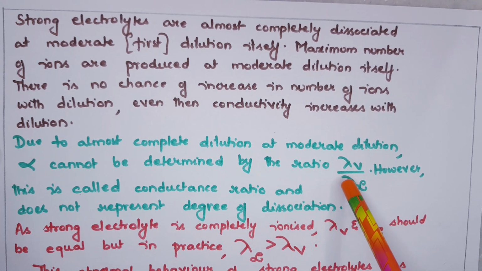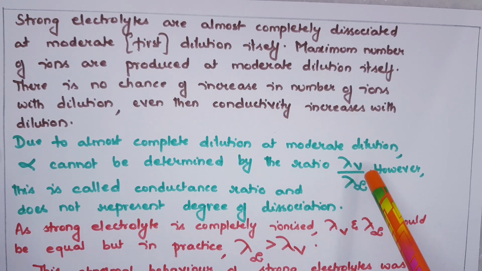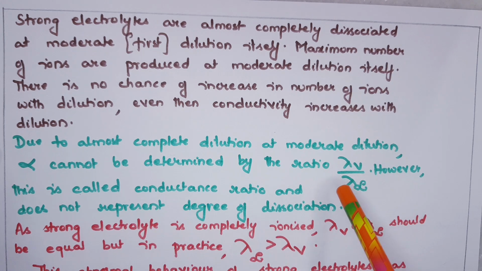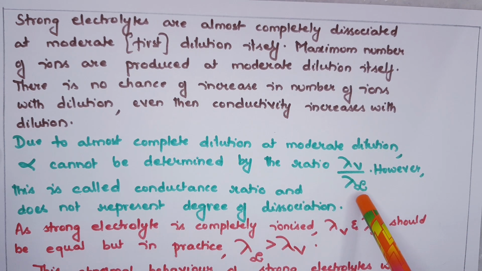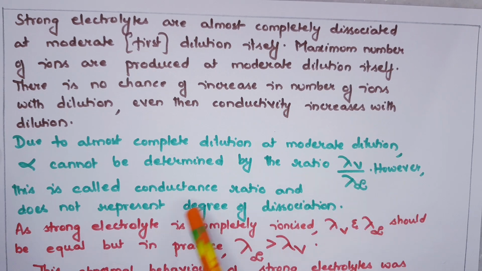Because it's not like on dilution degree of dissociation is not increasing. At the moderate dilution itself, it is getting completely dissociated. Therefore, now lambda V by lambda infinity, this ratio can be called the conductance ratio but not degree of dissociation. Am I clear, students? Okay. This is in the case of strong electrolytes.